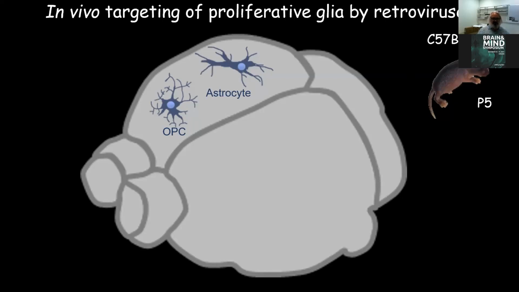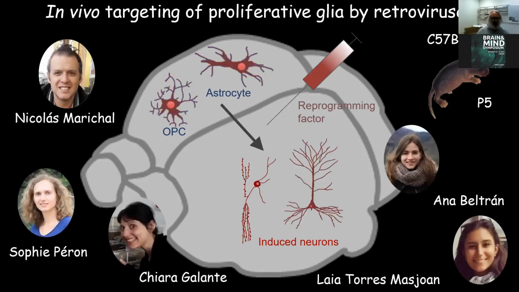And I think this is a very important constraint that helps us to secure the glial origin of the cells that we target in this process. So the idea is to directly inject retroviruses encoding these reprogramming factors and to see whether we can convert them into neurons.